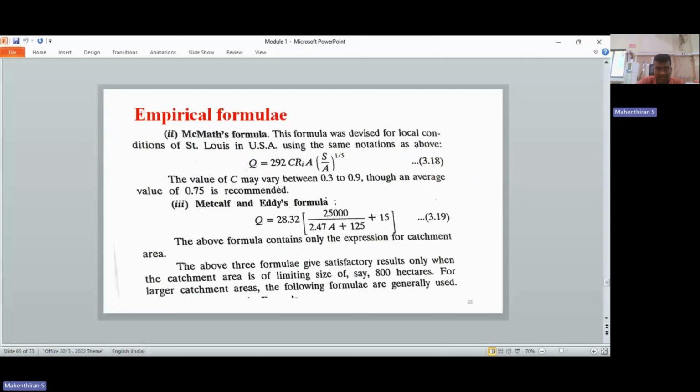Now I will give an example. Suppose S divided by A is equal to 32. If you put 32 to the power 1 divided by 4, approximately you will get a value around 2.4.